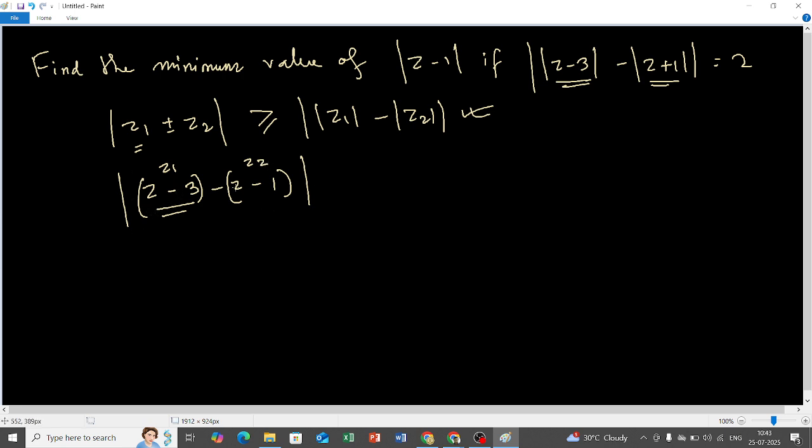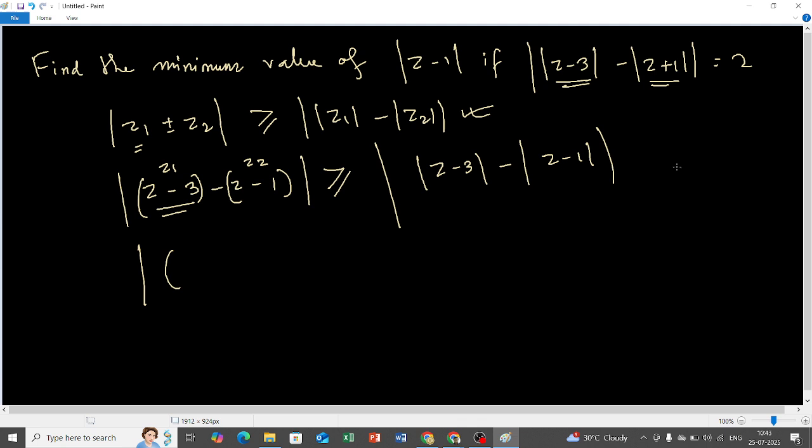So mod of z1 minus z2 is greater than equals to what? Mod of mod z1 minus mod of mod z2, right? So mod of z minus 3 minus z minus 1 is greater than equals to mod of mod z minus 3 minus mod of mod z minus 1, right?